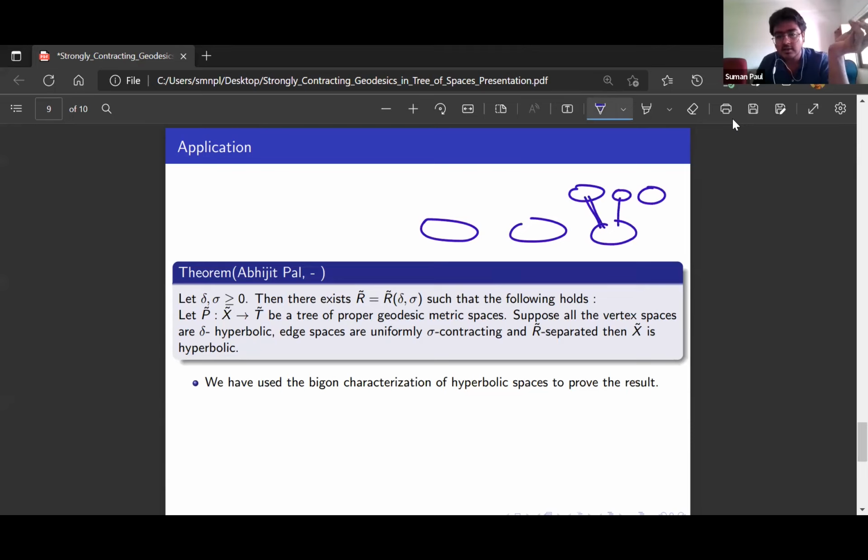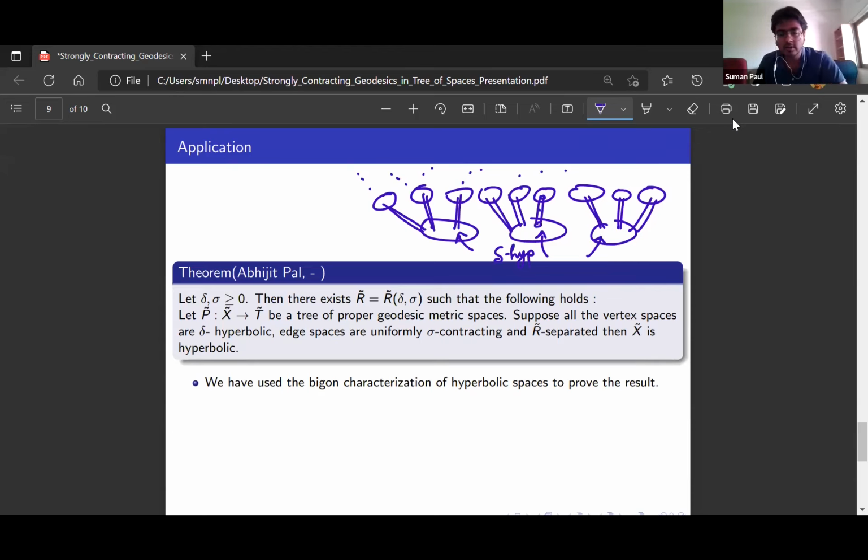Okay, so this kind of picture, and this is going on, and where all these vertex spaces are delta hyperbolic, say, and these edge spaces where there are gluings, those are uniformly sigma contracting.